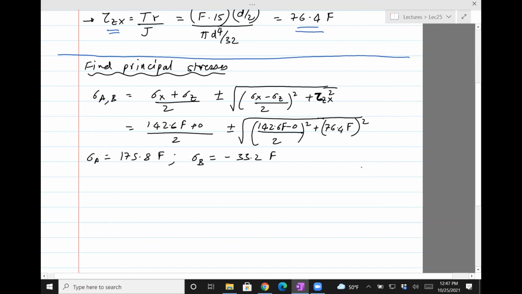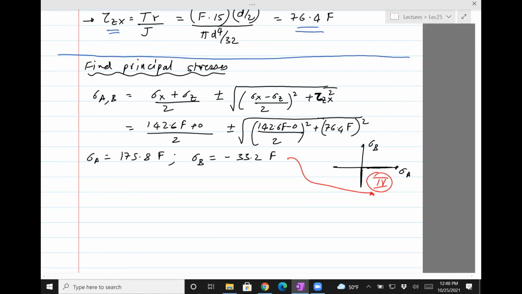Okay, so what we can see is that if you plot sigma A, sigma B on that plot, since sigma A is positive and sigma B is negative, it's basically in the fourth quadrant. This is where the stresses live. Okay, so we need to use the theory for quadrant 4.